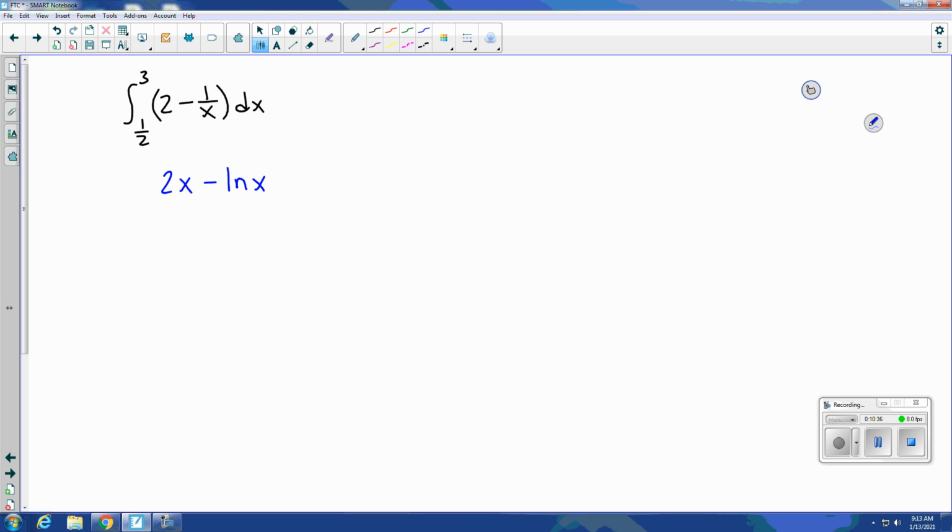If you forget that, you may be inclined to try to reformat that as a power function, but what should stop you in your tracks is getting x to the 0 over 0; you can't divide by 0. So rethink that. Now, we're evaluating this from 1/2 to 3, so this is going to equal the function evaluated at the upper bound minus the function evaluated at the lower bound.